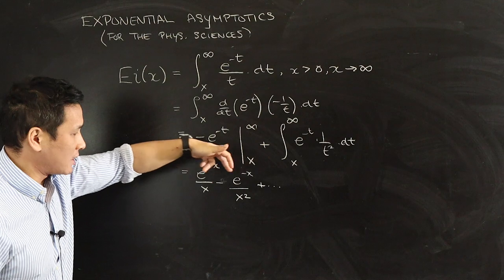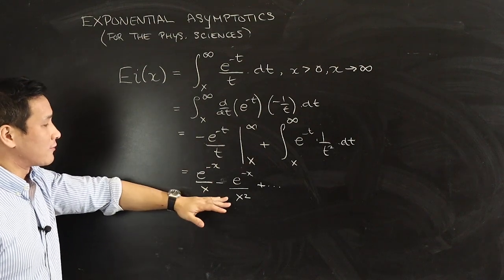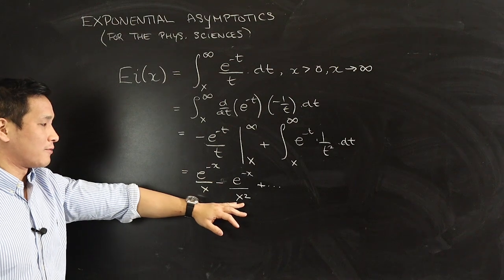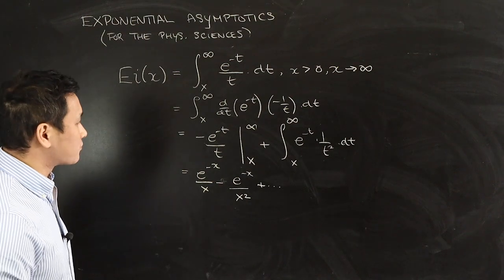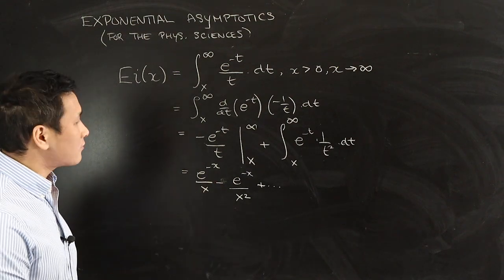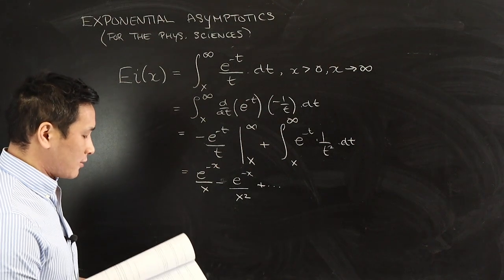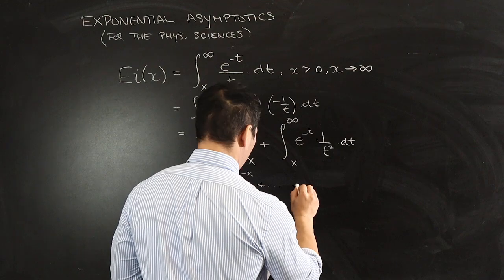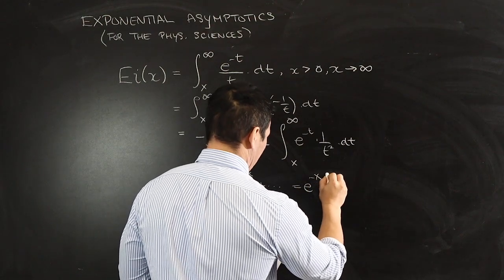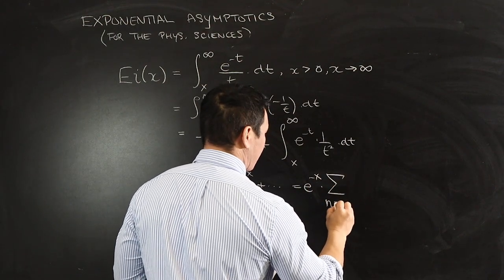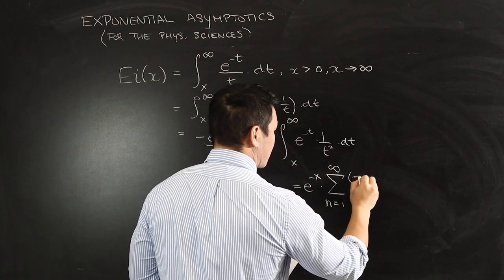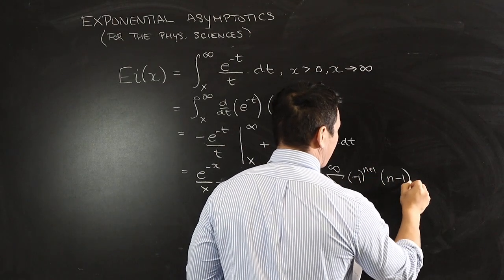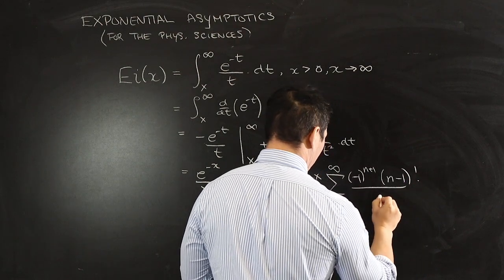They're all scaled by e^(-x) out front, and then they've got a series in increasing inverse powers of x, with an alternating sign. So if you keep on going, the series that you develop is going to be e^(-x) times an infinite sum from n=1 to infinity of (-1)^(n+1) times (n-1)! over x^n.